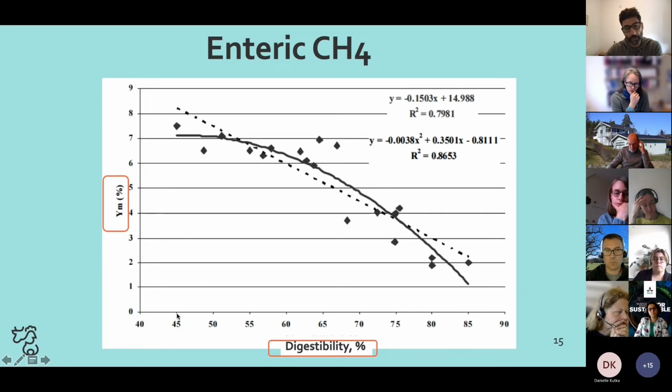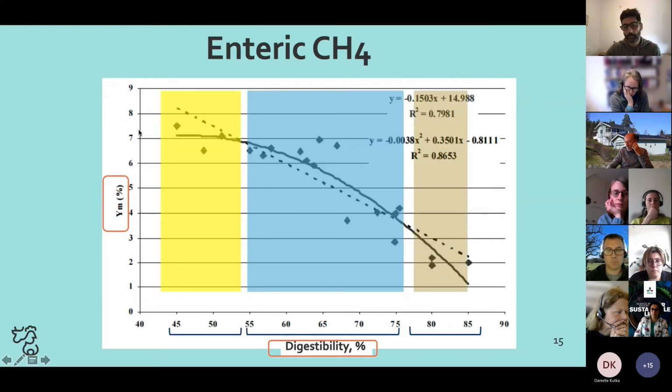Also, for feeds that are low quality with low digestibility, we lose more energy in terms of methane. So we could classify feeds in different categories like low, medium, and high quality. The higher the quality of the diet, the less methane is produced.